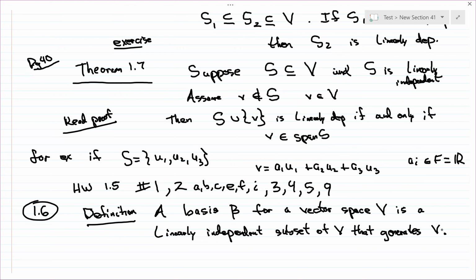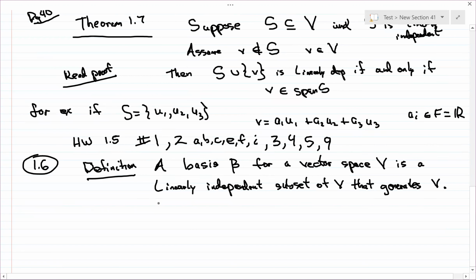Then they give you some terminology. If beta is a basis for V, I'll write that down too, just so we get used to the terminology.